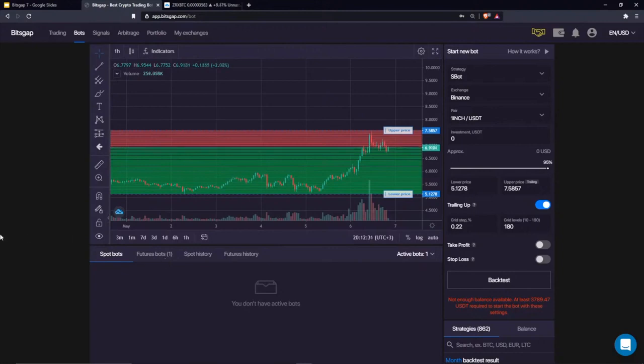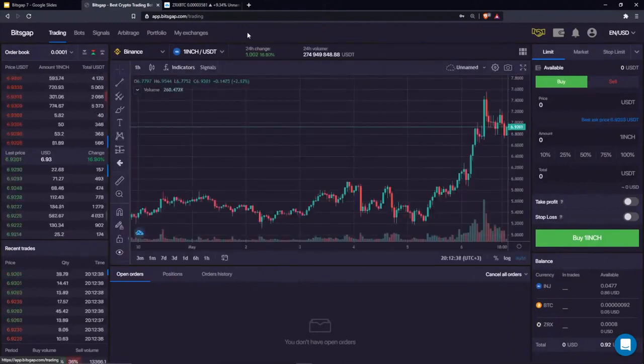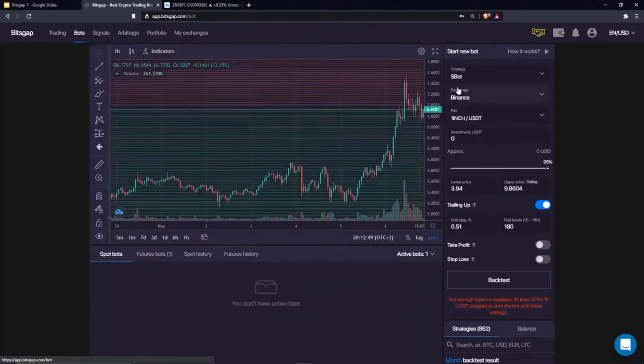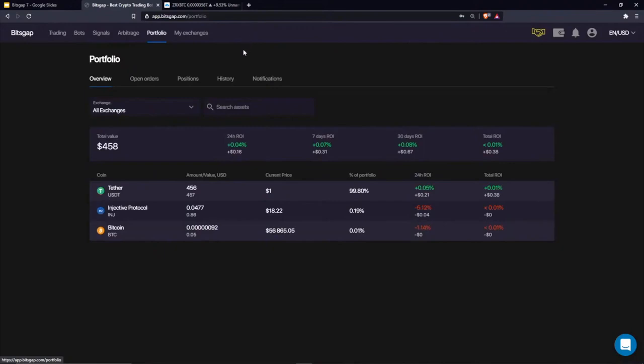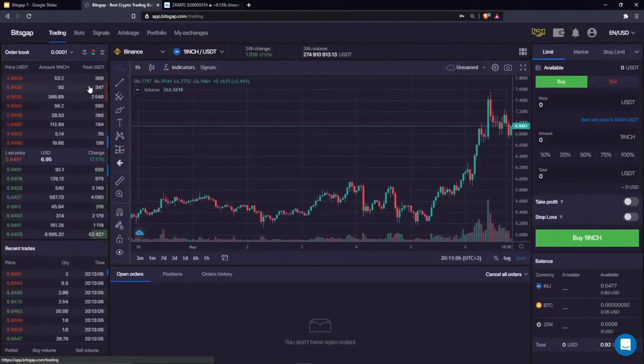So basically the aim of bitsgap is to remain the top tier all-in-one platform where you can trade futures manually, like here in this mode, where you can have automated bots on the spot market and futures market as well, and the platform where you can manage your portfolio to see the performance, total ROE, and other features. So we are working on other sub products that we have at bitsgap, so that you get the utmost experience from bitsgap.